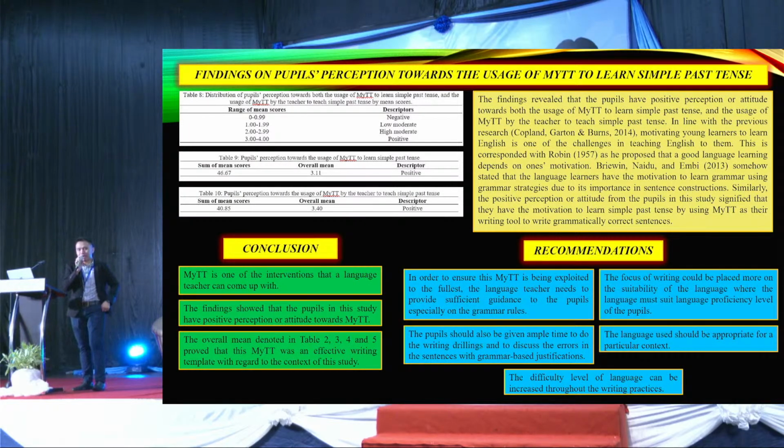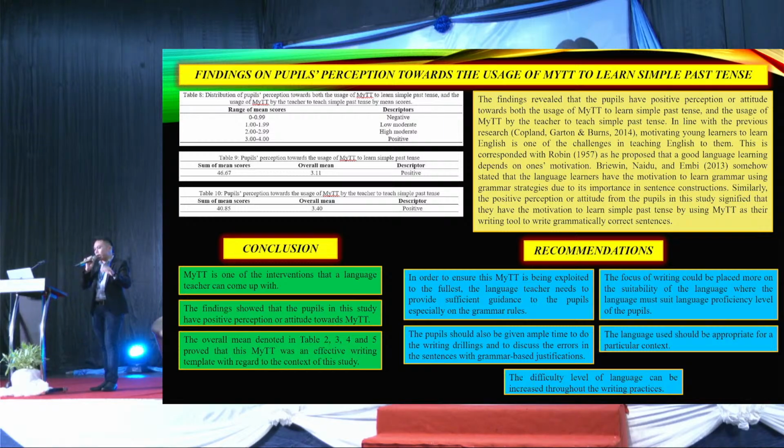Okay, so here is the conclusion for the findings of pupil perception of the usage of MyTT to learn simple past tense, including student perception on how they use MyTT and student perception on how their teachers are using MyTT.